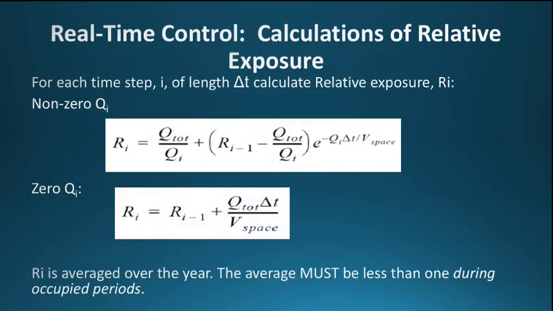You crank through the math and you get an equation for R, which we call relative exposure, the exposure that you would get in that given hour for the actual time-varying ventilation system compared to the dumb one. So R equals 1 means that you're getting the same exposure you would get from the simple dumb ventilation system.